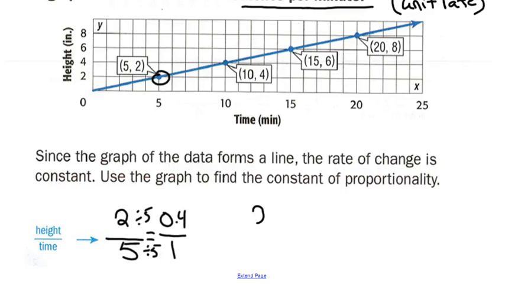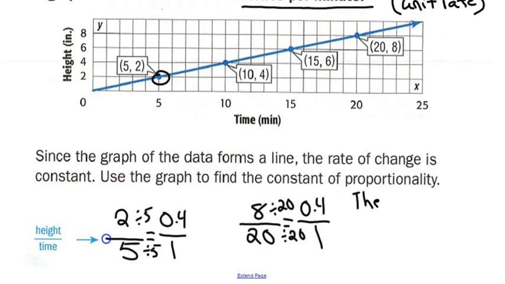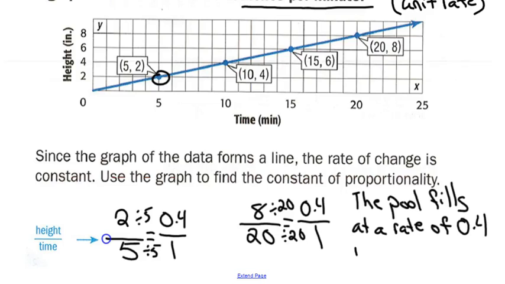I'll do it with the big one over here, our 20 and 8. So that's 20 and 8. Divide by 20. Divide by 20. We find it's the same thing, 0.4 to 1. So that means the pool fills at a rate of 0.4 inches per minute.